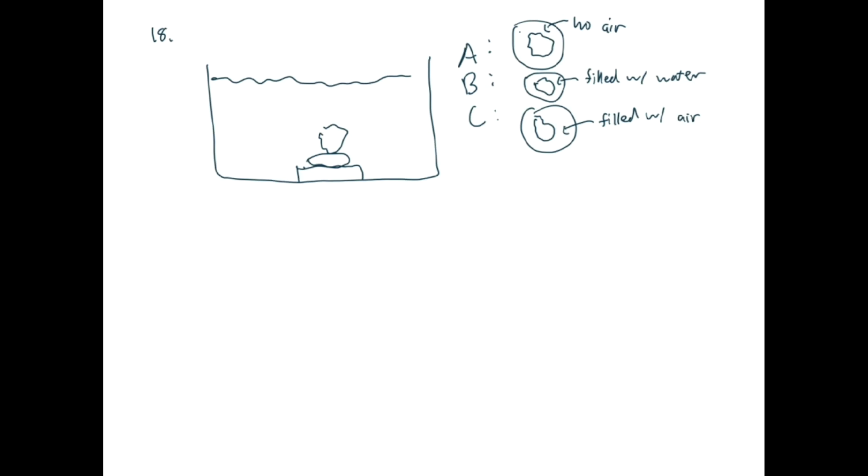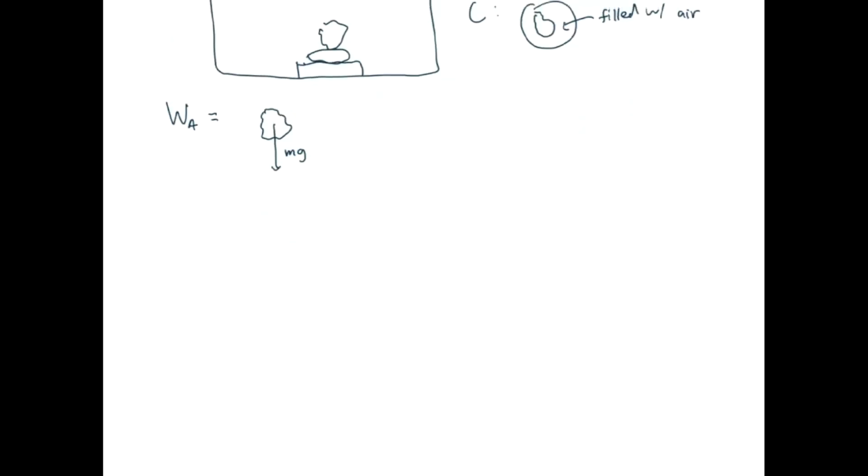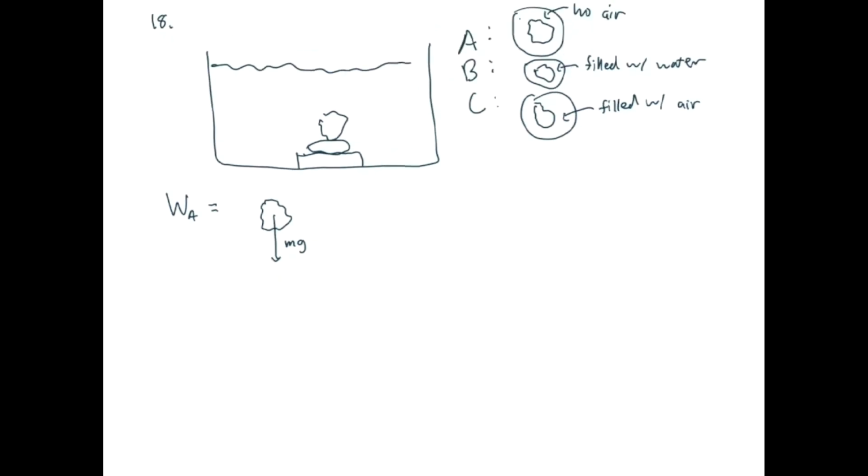First of all, what's the weight that Alice measures? Well, the weight that Alice measures would be the normal force of the scale on the rock, right? So if we draw a force diagram, the rock has mg gravity downwards, and it has normal force from the scale, but it also has a buoyant force from the water.